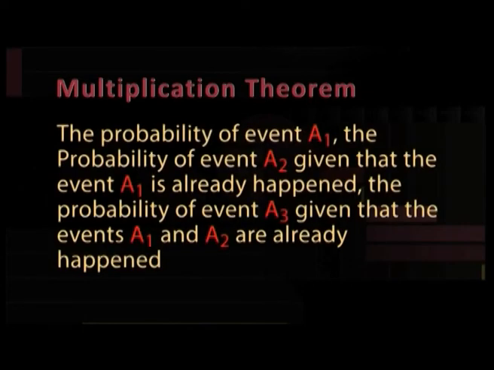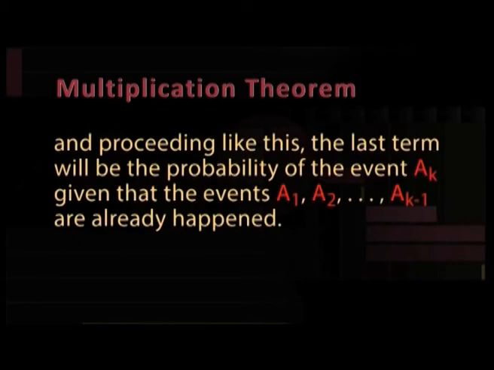The probability of event A1, the probability of event A2 given that event A1 has already happened, and the probability of event A3 given that the events A1 and A2 have already happened, and proceeding like this, the last term will be the probability of the event AK given that the events A1, A2 up till AK minus 1 have already happened.